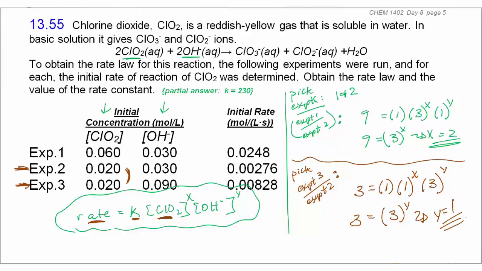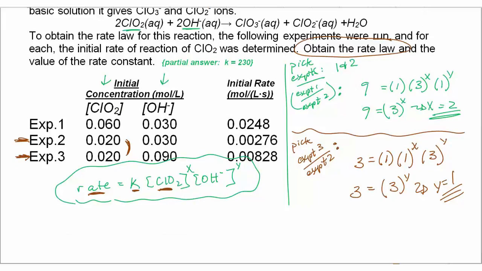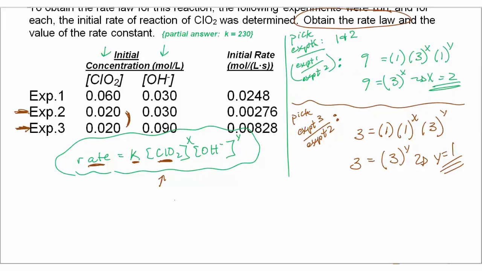Okay, so I'm really close to finishing this, except they say obtain the rate law. So that's this. But I need a value of the rate constant to do this. So right now, my rate law equation looks like this. Rate equals K, concentration of chlorine dioxide raised to the x, and we said x is 2, concentration of hydroxide raised to the 1.